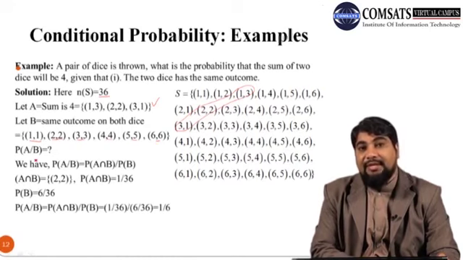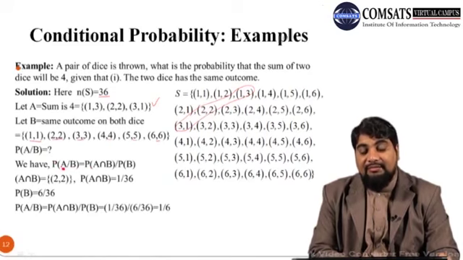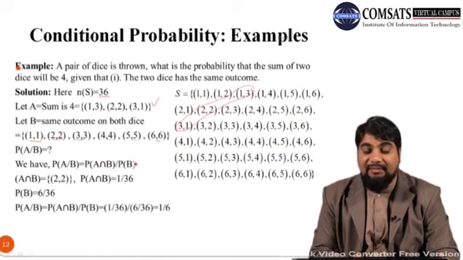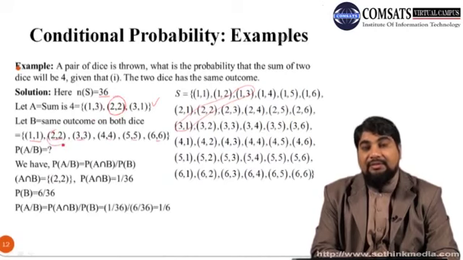So we want to calculate the probability of A given B. P of A given B is P of A intersection B over P of B. So first calculate their intersection. A intersection B is the number of common points. You can see that this 2 2 is common in both events.